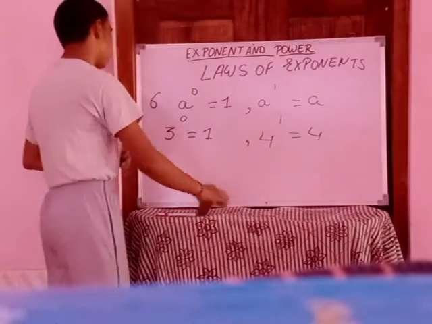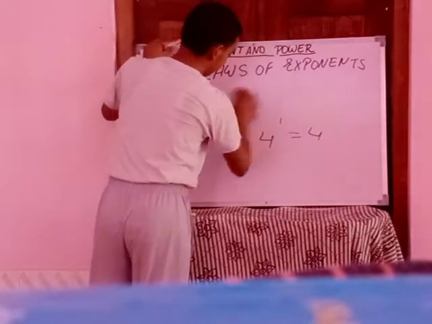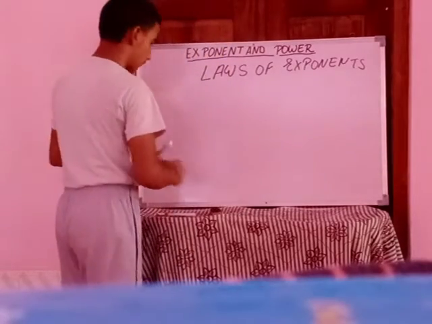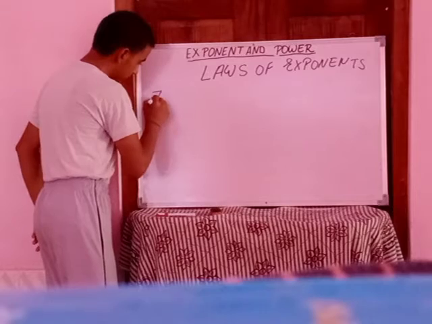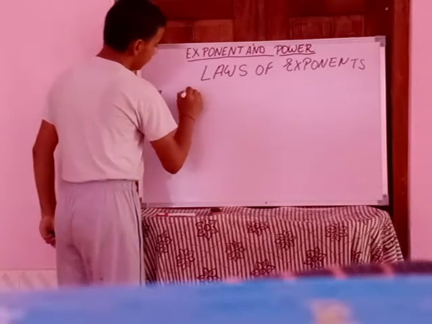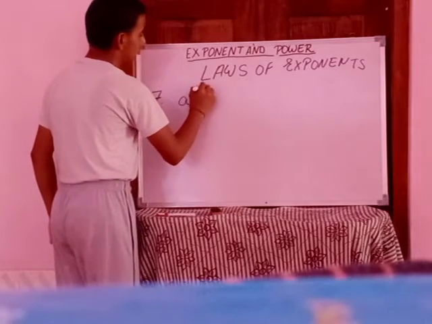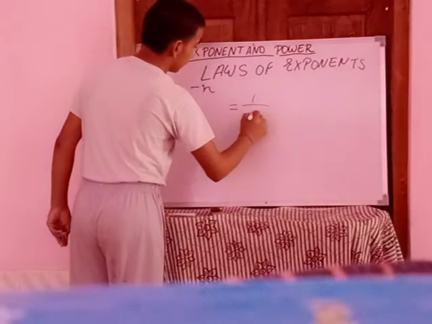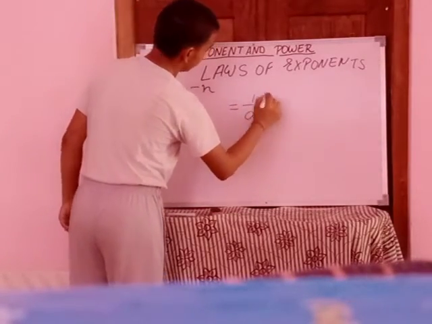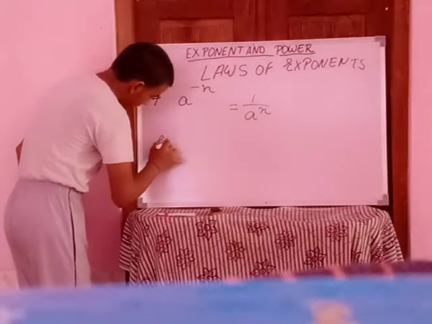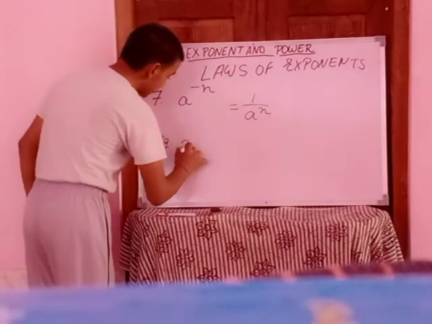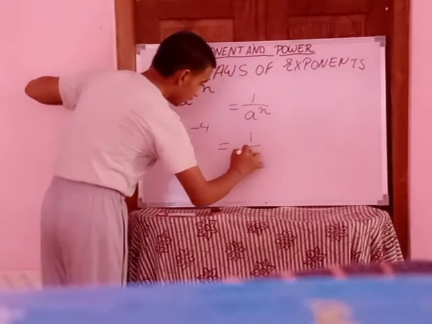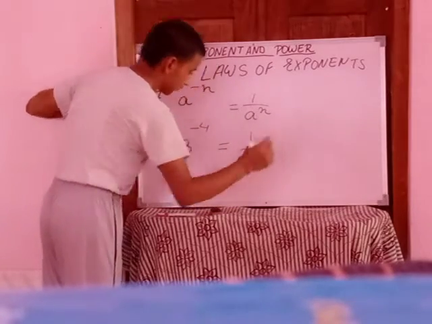Now let's move to our law number 7. If a raised to the power minus n, it will be expressed as 1 upon a raised to the power n. For example, 3 raised to the power minus 4 would be written as 1 upon 3 raised to the power 4.